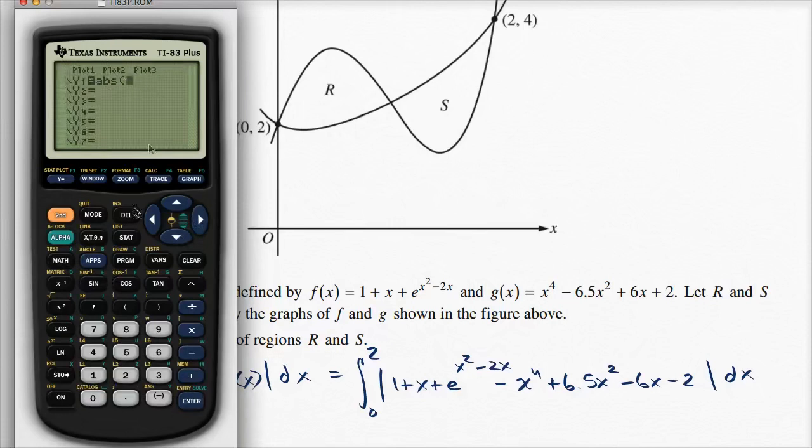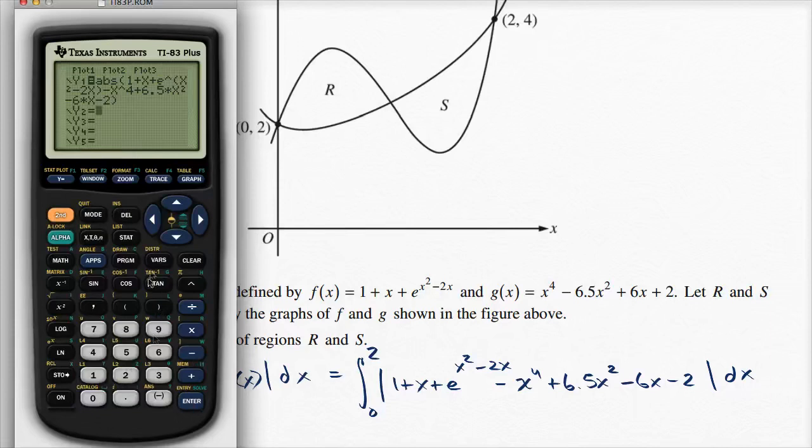So it's the absolute value of 1 plus x plus e to the x squared minus 2x, and then close that parentheses, and then you have minus x to the fourth power plus 6.5 times x squared minus 6 times x minus 2, and then we have to close the parentheses around the absolute value.